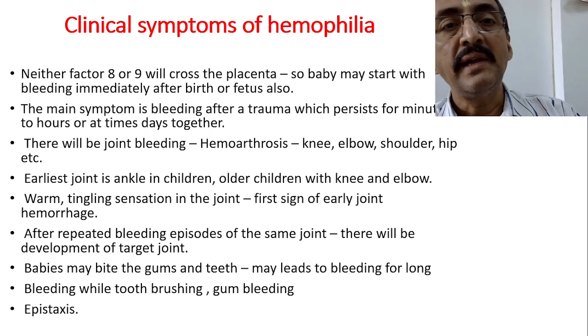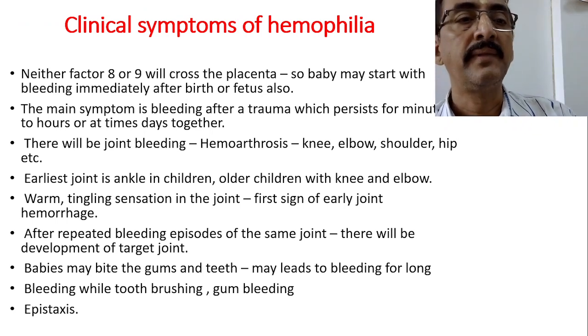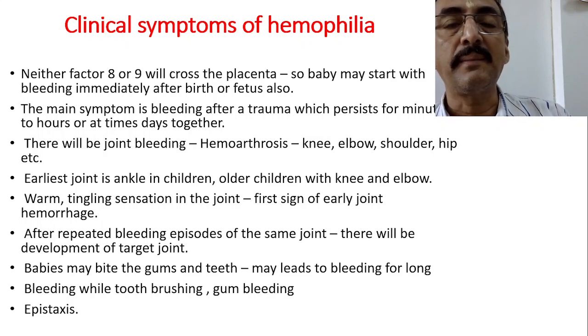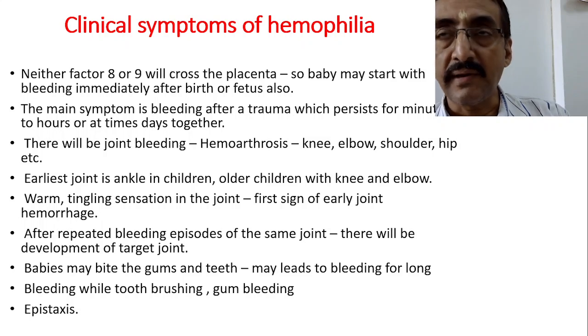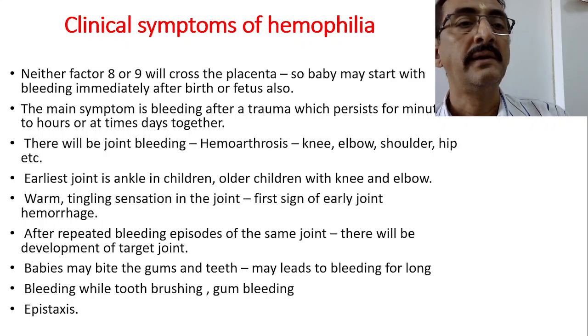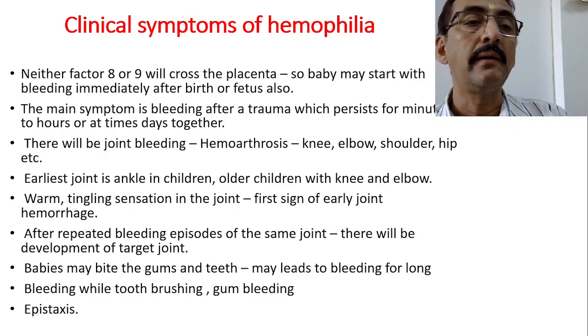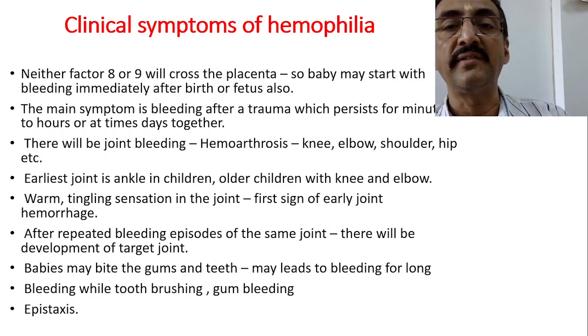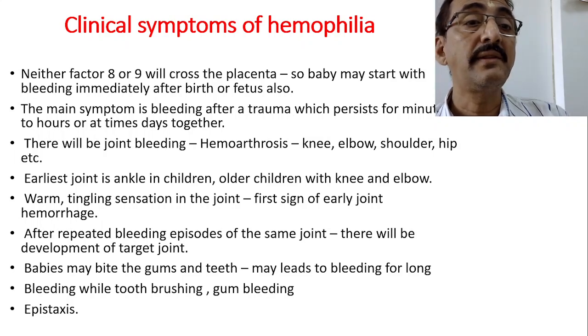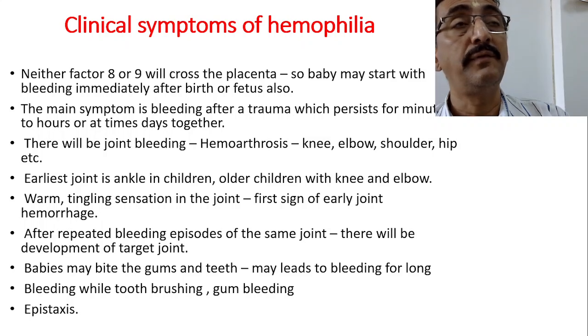Now talking about the clinical symptoms of hemophilia. Neither factor 8 nor 9 will cross the placenta in the intrauterine period. This is very important information. So from the mother, factor 8 and factor 9 will not cross the placenta. So the baby may start with bleeding immediately after the birth or in the fetus also.